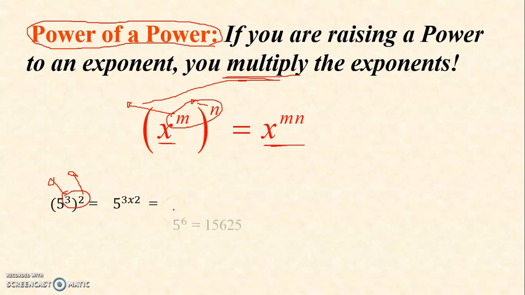Therefore, we have 5 raised to 6, because 3 times 2 is equal to 6. But we will not yet end there. What is the value of 5 raised to 6? That is equal to 15,625. Okay? Because you are going to multiply 5 six times.